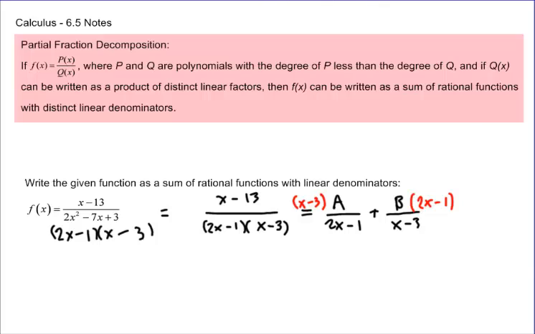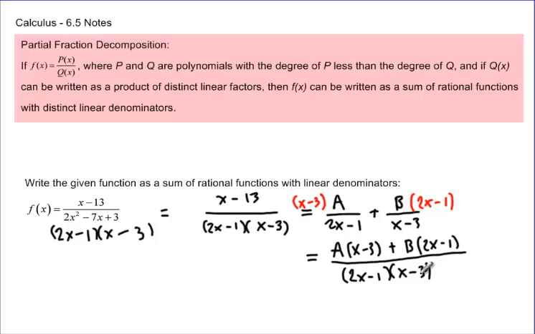So this is all about just adding the fractions together. So what I'm going to be working from is A times x minus 3 plus B times 2x minus 1 over 2x minus 1 times x minus 3, which is the big fraction that I'm working with.